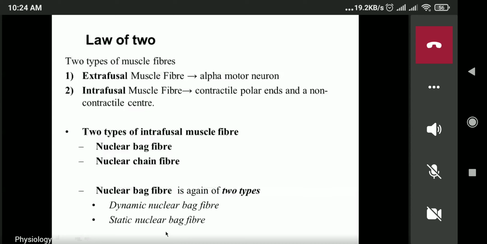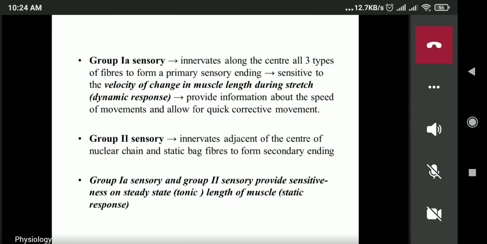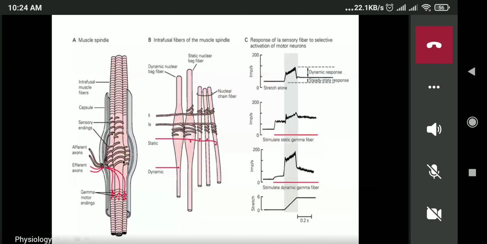Yes, sir. Now let us think how it is innervated. Let us look at the first figure, then read. First, the intrafusal muscle fiber is within the capsule. This is the capsule. So you see here there are two types of sensory fibers.